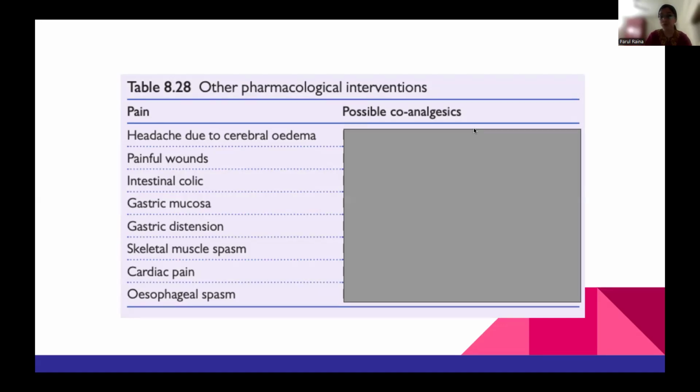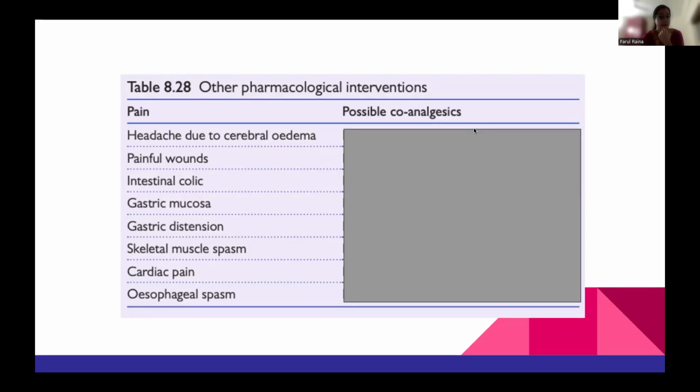What about gastric distension? PPIs are the drugs, and antispasmodics. In case of skeletal muscle spasm, muscle relaxants.